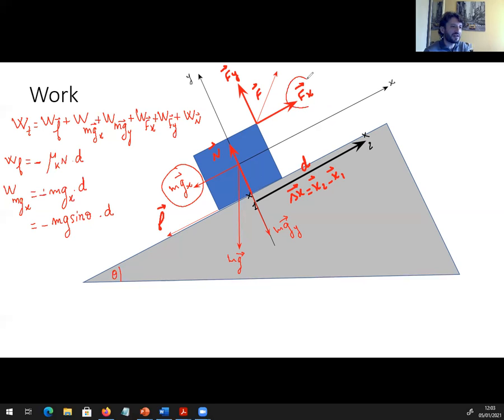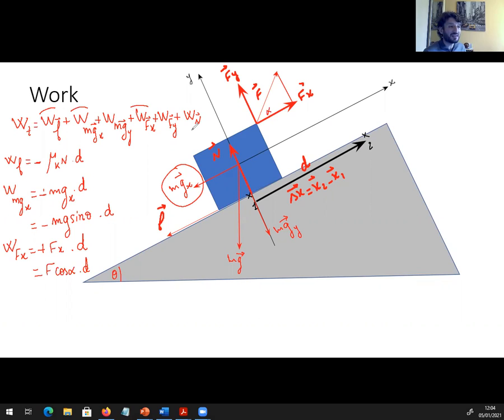We have also fx. Fx is in the direction of the displacement, so it's positive. So omega fx equals plus fx times d. Now you come to this triangle here. Let's say here we have alpha. Cosine alpha equals fx over f, so fx equals f cosine alpha. So omega fx equals f cosine alpha times d. We calculated f, mgx, fx.